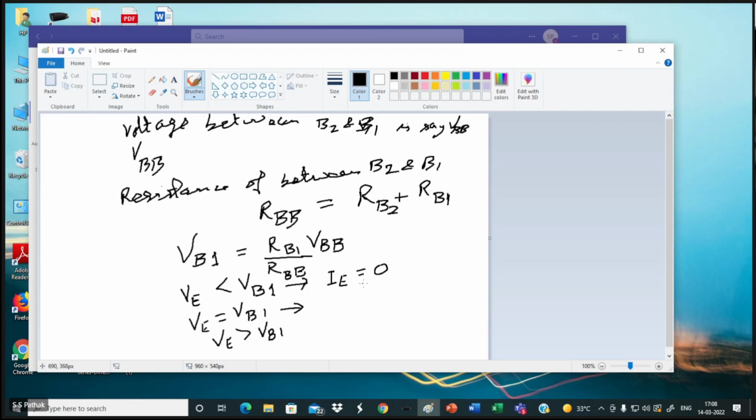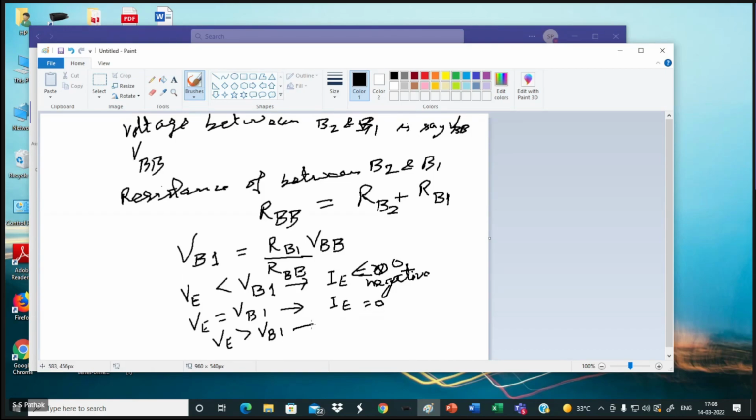Here, in the reverse bias case, IE is negative, so IE becomes 0. It is in fact less than 0, so negative. Here IE equals 0.